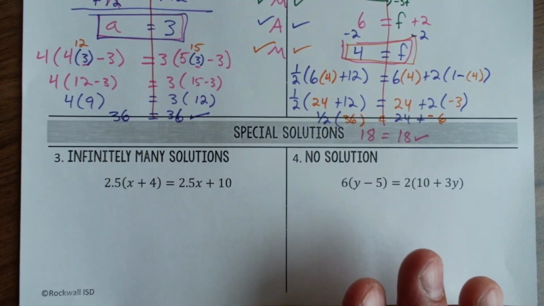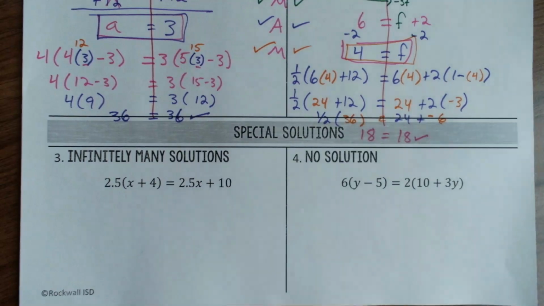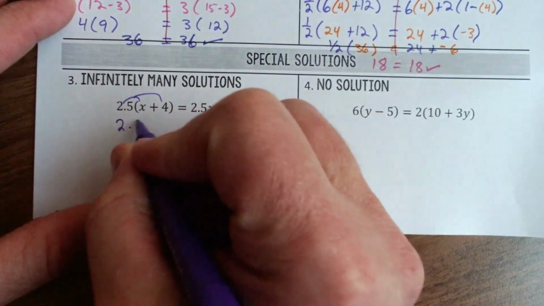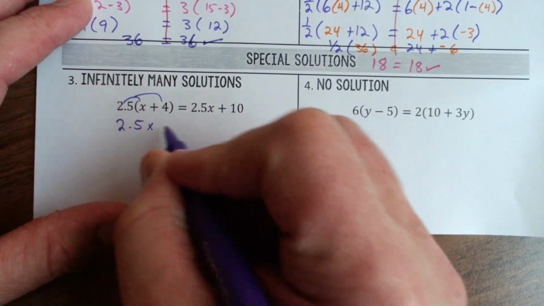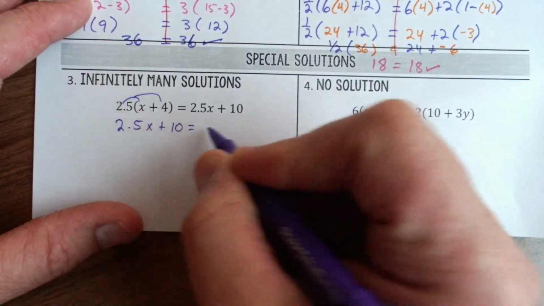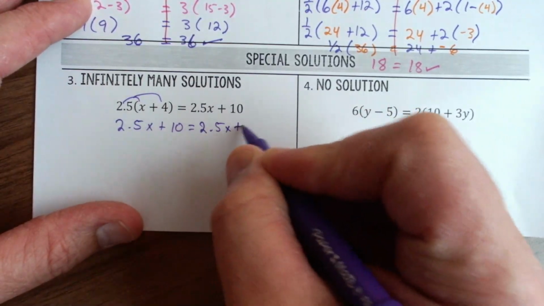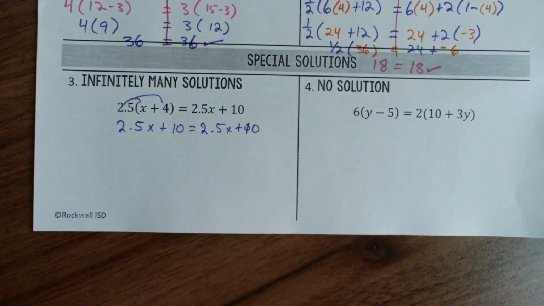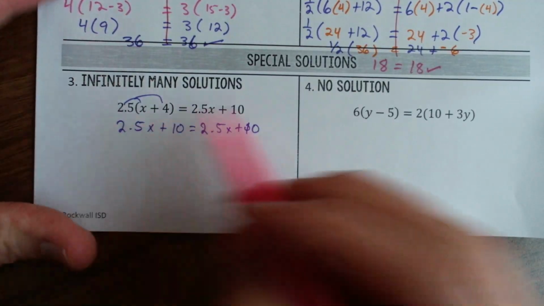Here's what happens when you solve for special solutions. I'll go through this really quick. We distribute. This becomes 2.5x plus 10 equals 2.5x plus 10. So I distributed. There's no combining of like terms.